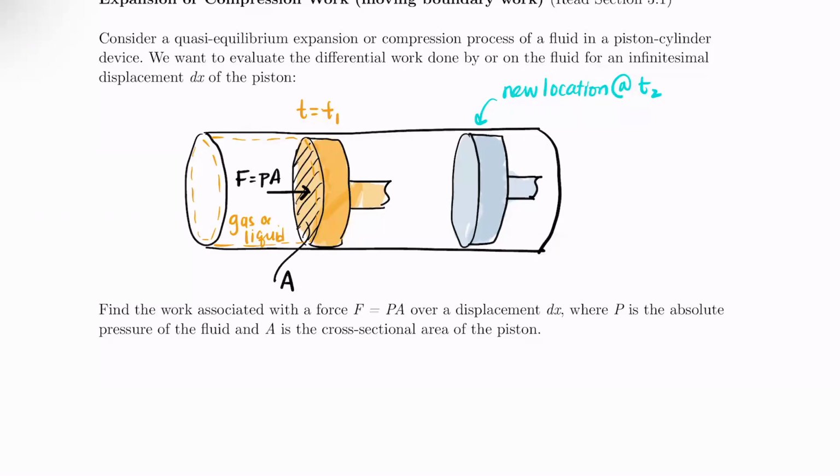All right, which is causing us to move to our second location in blue, right? So when we move, our system expands, right? So when that piston moves to the right, our system expands. So our system at T2 is now all of this fluid. Okay. And we said that the piston has moved an infinitesimal displacement dx, which means this is the distance dx that we're talking about.